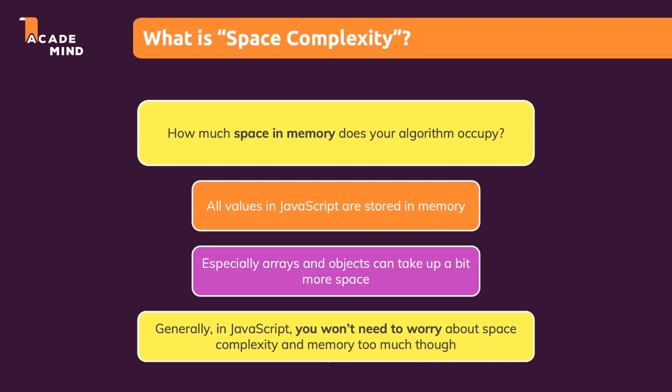Of course, we never want to introduce memory leaks, but that's a bug. That has nothing to do with space complexity. Space complexity really is just about the memory usage we have in an algorithm without having a bug, and therefore that's what we'll focus on in this module. So it is a dimension we can have a look at, and we will have a look at it in this module. We'll also see how we can derive it, but it's really important to understand that space complexity typically is not the #1 criteria for comparing algorithms in JavaScript.